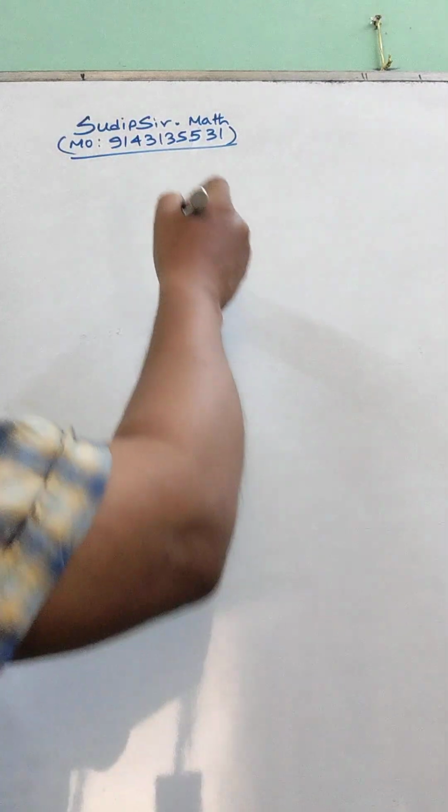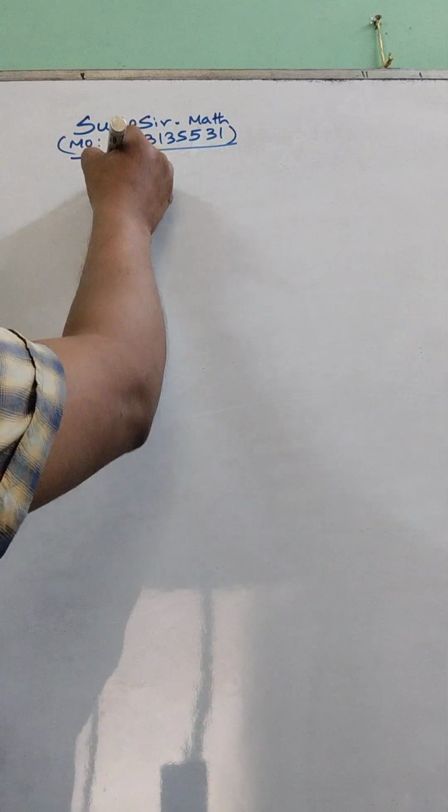If any student of class 7, 8, 9, 10 watches this video, the student can learn the basic concept of limit of a function. So, today's discussion is limit of a function.